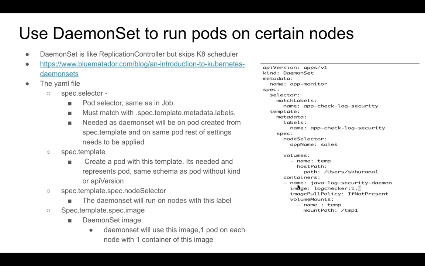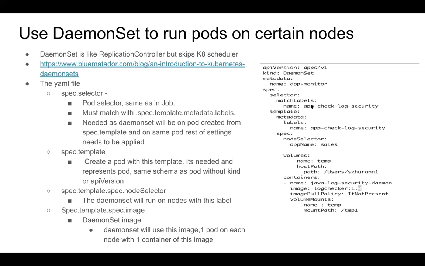Correct? Now, what happens? If you think about it, a daemon set has to match a node if you give a node selector, and within that node, it has to match pods because you have given these labels.